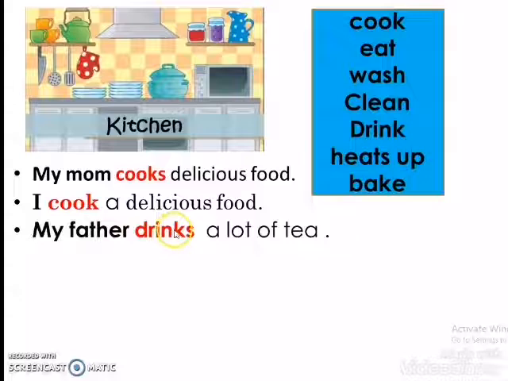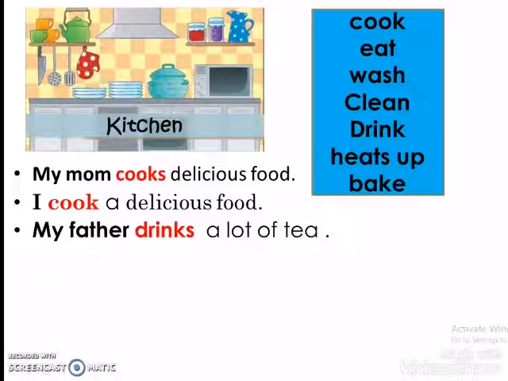My father drinks a lot of tea. Where is the action verb in this sentence? Drinks. Okay, what do I have before the action verb? I have my father, and my father is a singular noun. So for a singular noun, what should I add? I add an s. Okay, another way, instead of using my father: is he a boy or a girl?